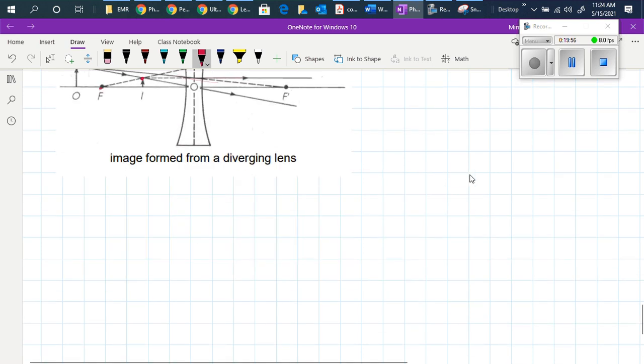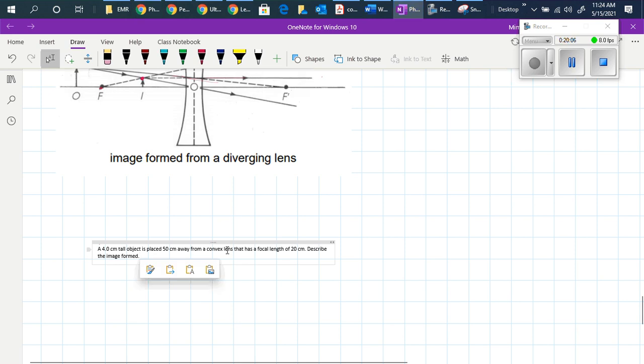Let's move now to some questions that are like word problems. Let's suppose that we have an object that is 4 centimeters tall, and it is placed 50 centimeters away from a convex lens that has a focal length of 20 centimeters.